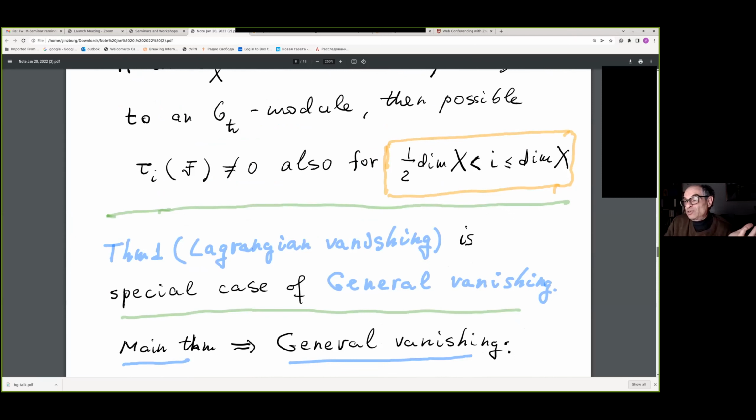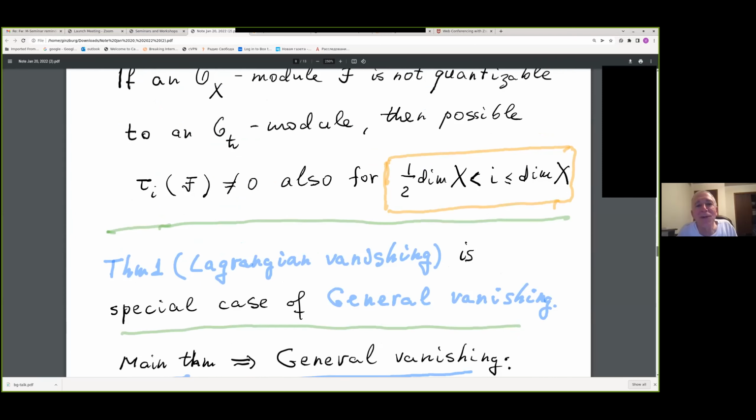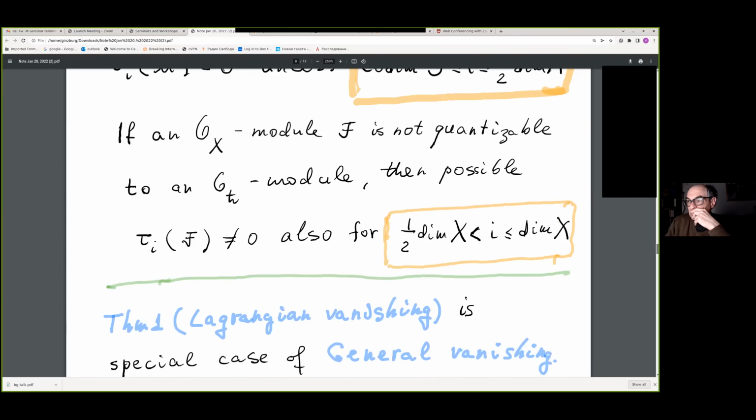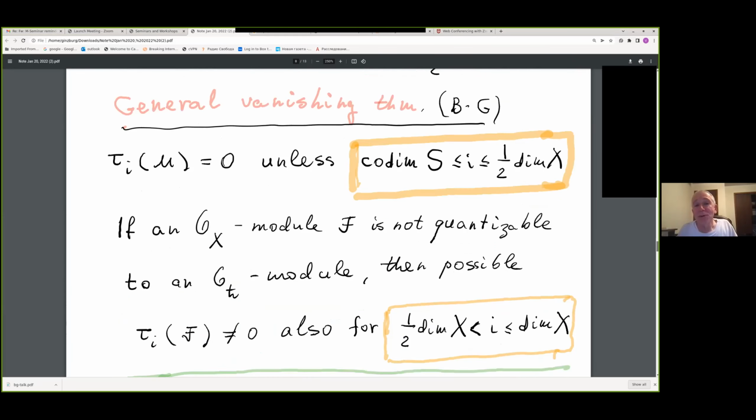We can consider D modules on a non-compact variety. Let me give you an example. Let's consider C star square. It's certainly an algebraic symplectic manifold. And it's not about D modules, it's about DQ modules, of course. It's the trigonometric case. But now the question is how to compactify.